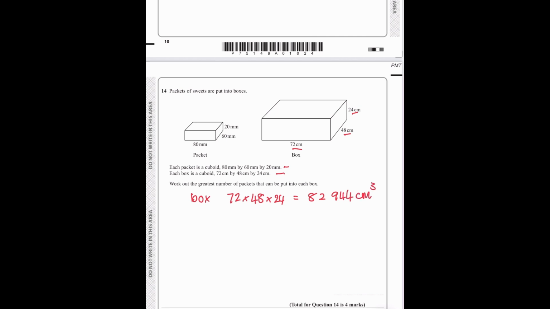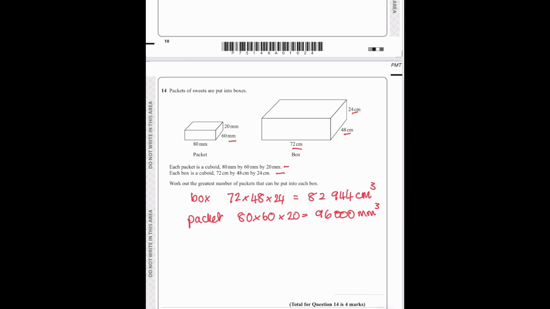Now if we look at the packet, the volume of the packet is 80 times 60 times 20, which equals 96,000 millimetres cubed.